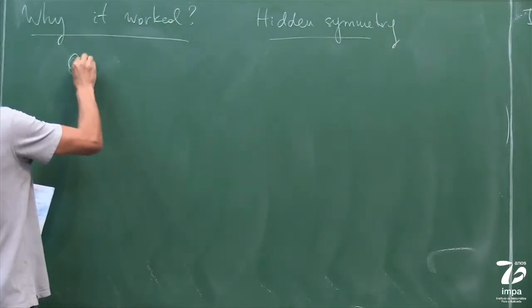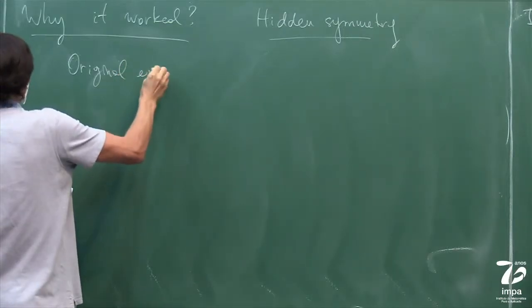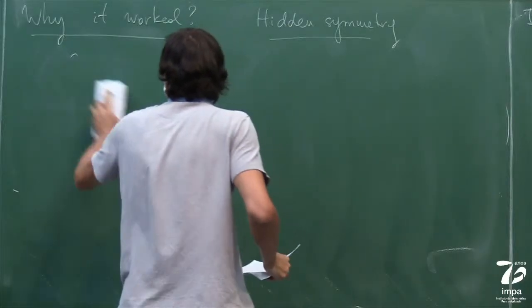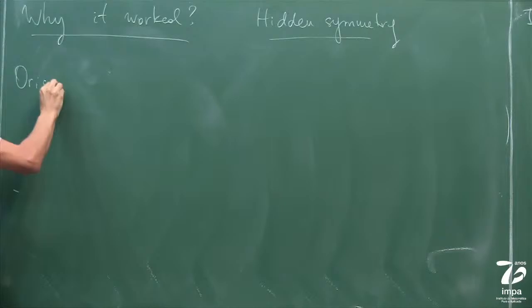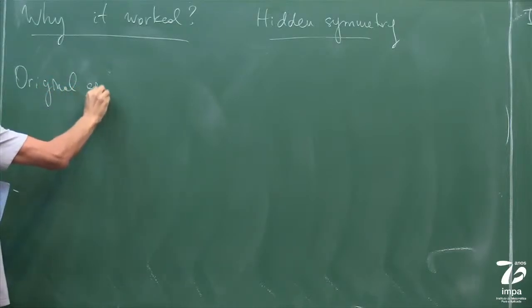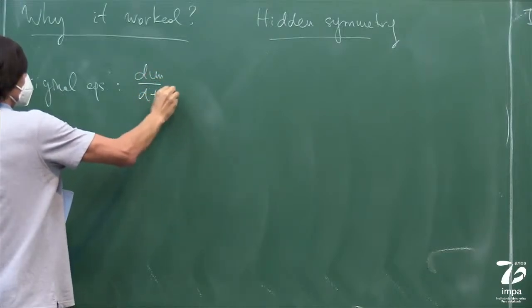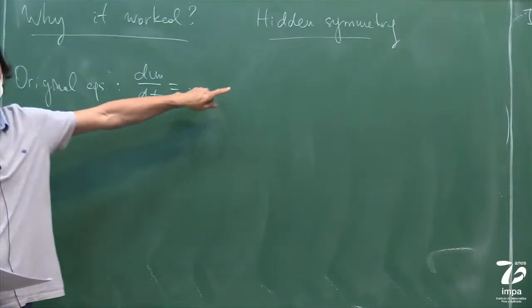So we have the original equations. The original equations were dU_n/dt equal to something, which were all coupled.